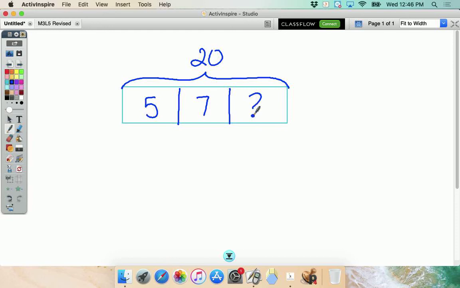And don't say anything to your neighbors, just do this, okay? Now the goal here is to figure out what the missing number is, all right? And so once you know what goes in place of the question mark, give me a thumbs up.